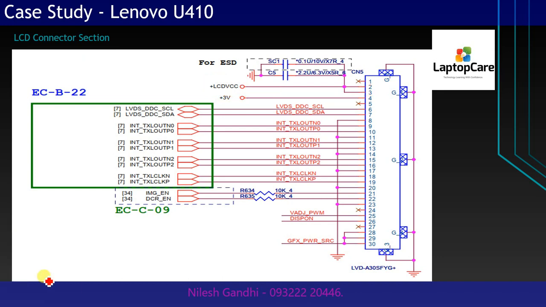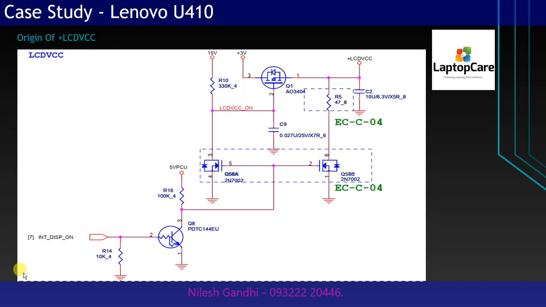So let's see, friends, where this LCD VCC goes on the schematic, and trace the origin of LCD VCC. To check LCD VCC on the schematic, we have a separate section for it.